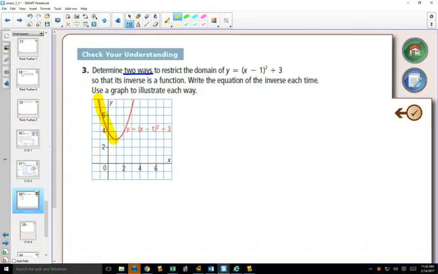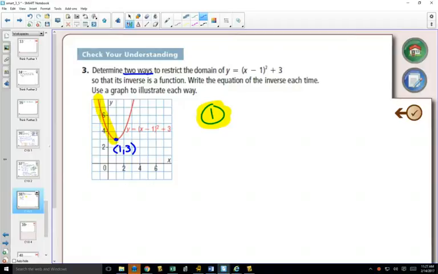So if I do the first way here, which is our yellow part, how did I restrict the domain? Well, I looked at my vertex, and my vertex on my graph is (1, 3).